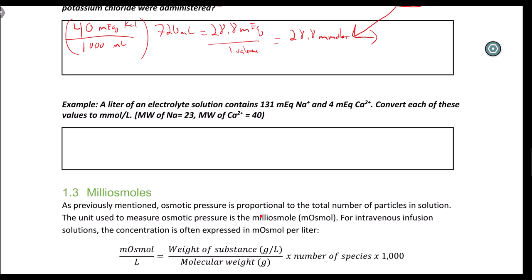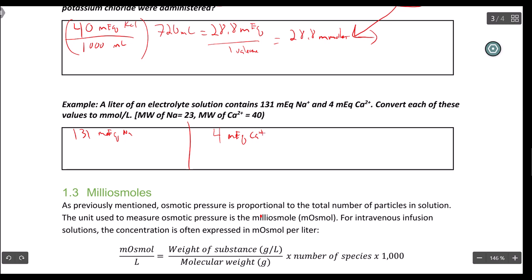So we have 131 MEQs of sodium, and we've got 4 MEQs of calcium. Not reading this one well. All right, 131 MEQs of sodium and 4 MEQs of calcium.